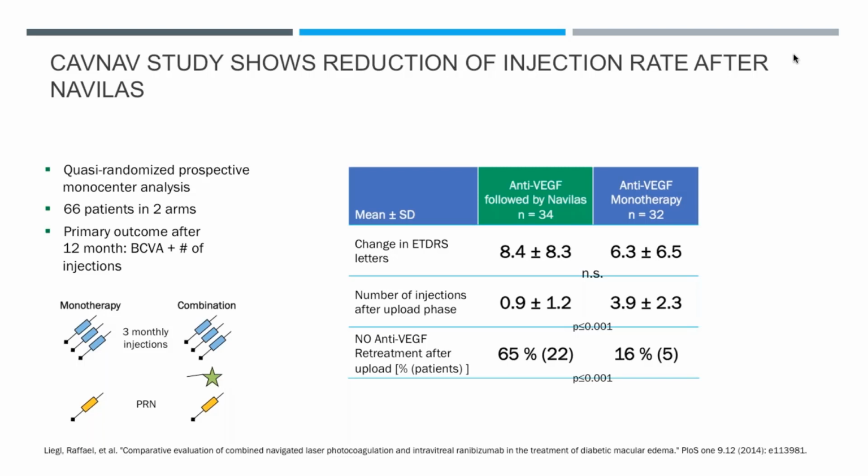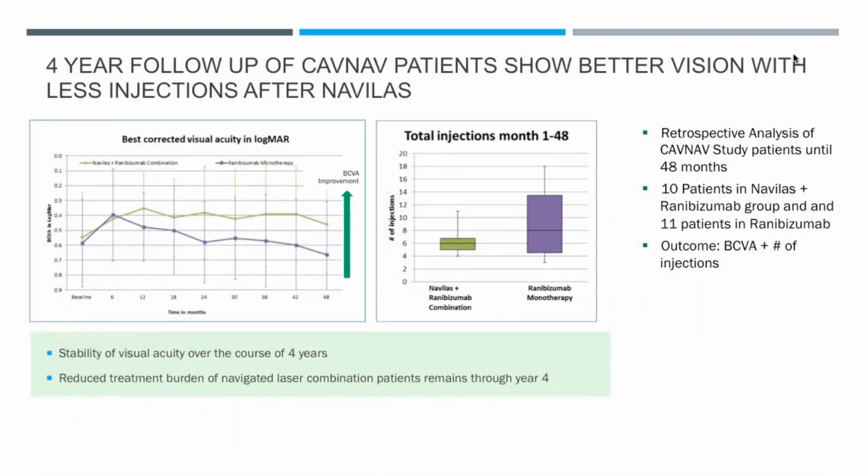So this was statistically significant, and the same group continued follow-up for up to 4 years, and they have demonstrated that the initial results of reduction of additional injections have actually stayed along the follow-up study.